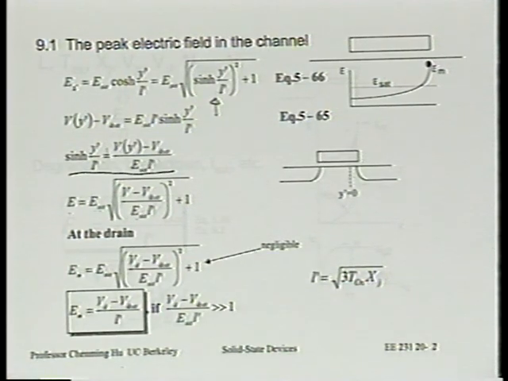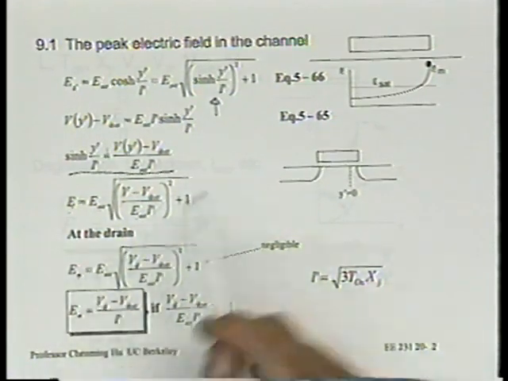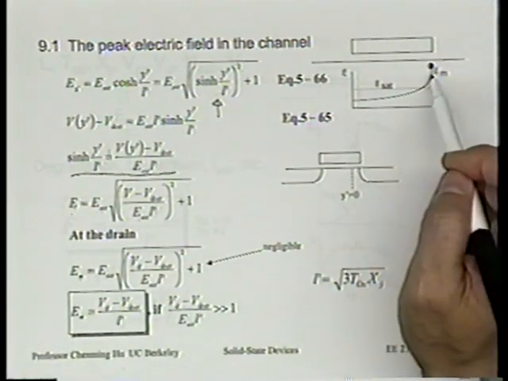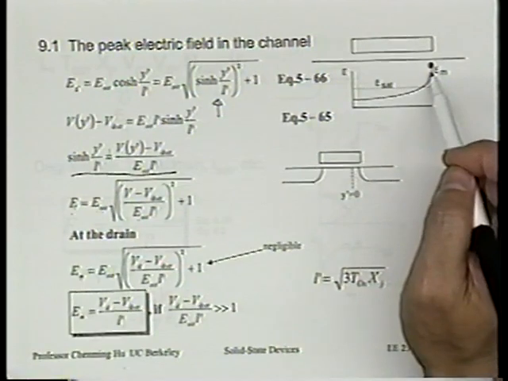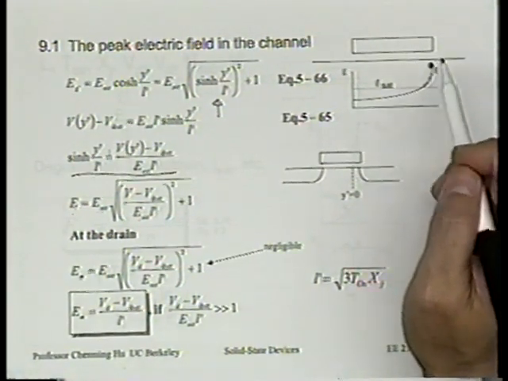We do that because all we want is to know the electric field at the drain, where it's maximum. We actually don't need to know, well, let me tell you right now, we're not that interested in knowing the electric field at these other points. We really want to know the electric field where it peaks.